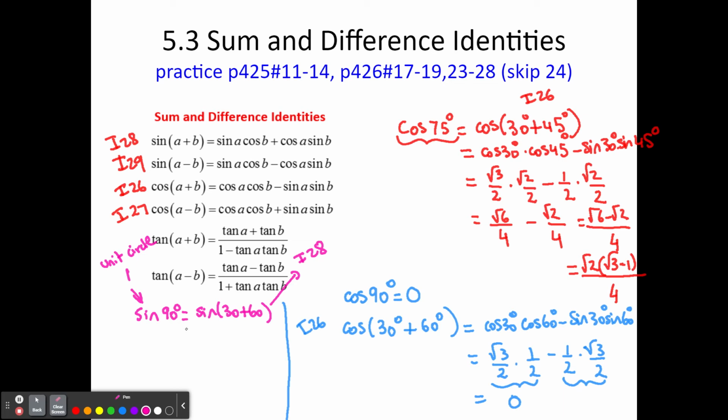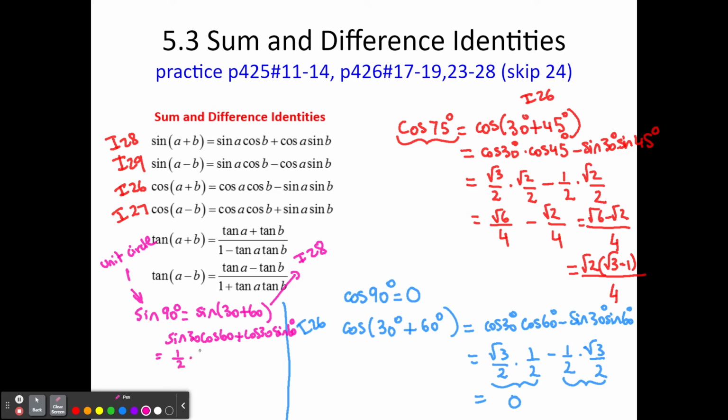So for identity 28, it's sine cosine plus cosine sine. So sine cosine, and then plus cosine sine. The setup is a little bit different from the cosine one. So we know the sine of 30 degrees, we just used it.